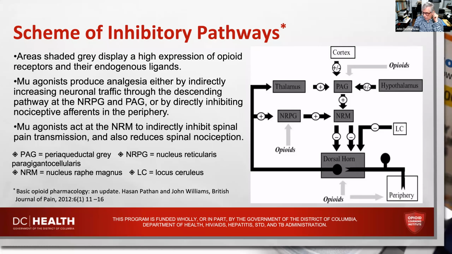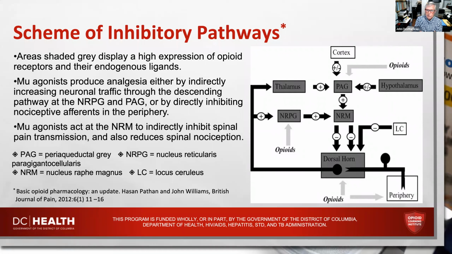Now, I am not a neuroanesthesiologist, although that was one of my interests, but I didn't end up going down that road, and I'm not a neurologist, so I don't pretend that I'm going to go over this entire slide. But the point of this is just to show, once again, how complicated the system is.